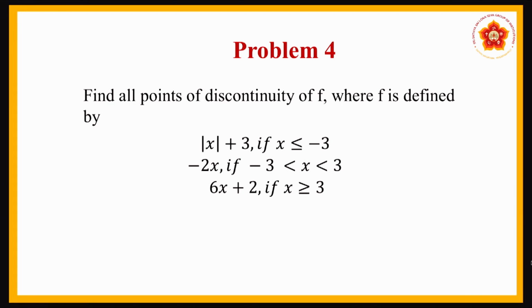This happens to be the 7th problem of the exercise. He says find all points of discontinuity of f where f is defined as, how does he define f(x)? f(x) is equal to modulus of x plus 3, then it is minus 2x, then it is 6x plus 2.